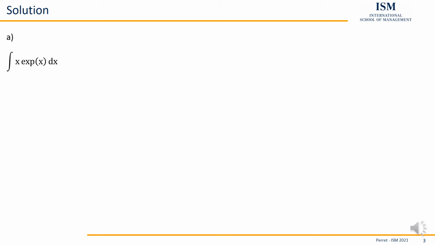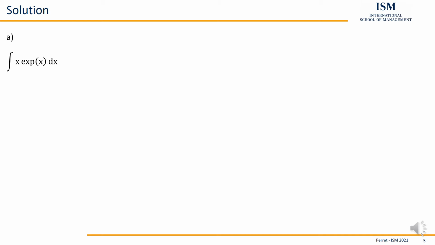Whenever we have to calculate the integral of an expression which is more or less the product of two expressions, one question we can ask ourselves is: is one of the two parts becoming simpler when we derive it, and is the other part not becoming significantly harder when we actually get its primitive?